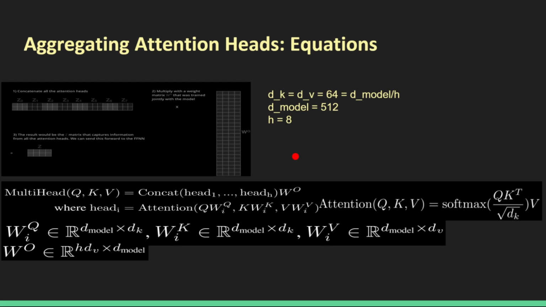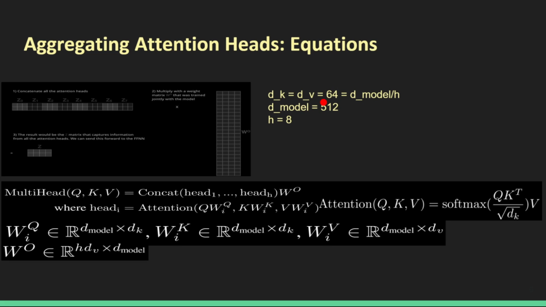Okay, then let's put everything together now. Basically, you had some Z of the dimensionality of your model and embedding, right? So you had your embeddings as an input, of size 512. Then you created your K, V, and Q matrices.